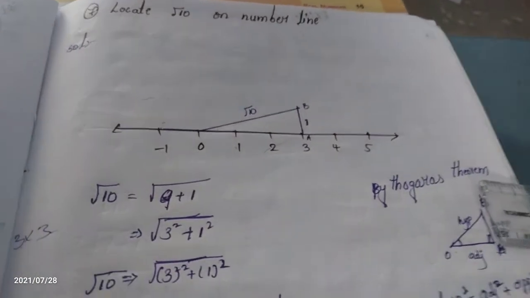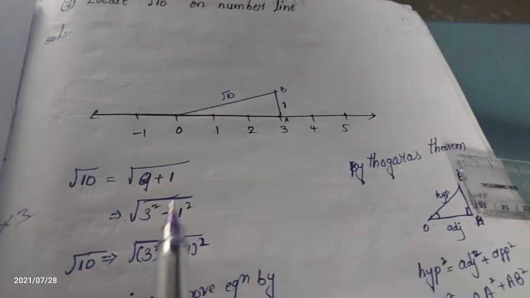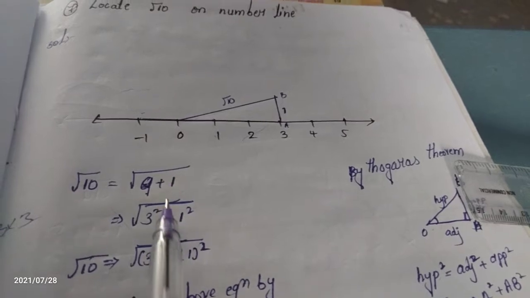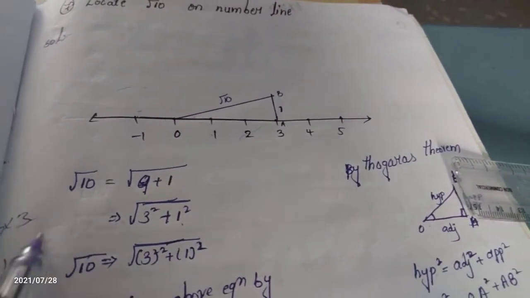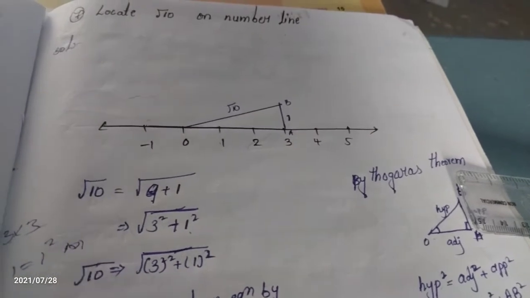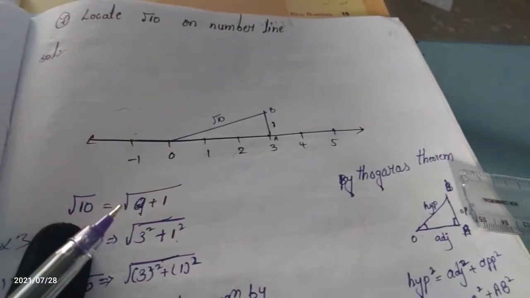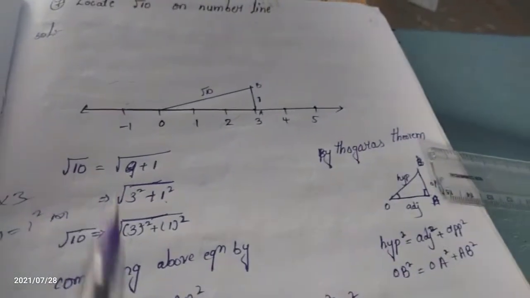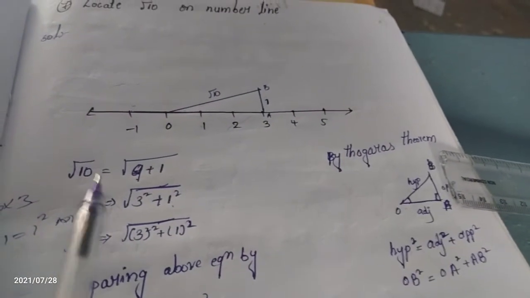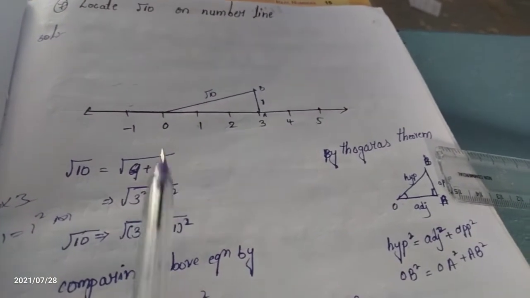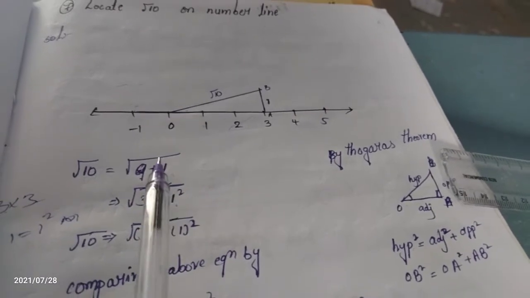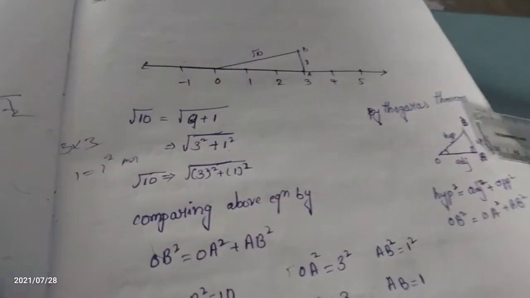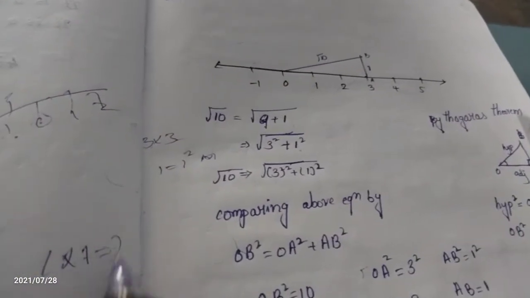We get the same step again. 1 is as it is, plus is as it is. 1 can be written as 1 square, because 1 into 1 is again 1. Don't write this in the note. Root 10 can be written as root of 9 plus 1. In that, 9 can be written as 3 square, plus is as it is, and 1 can be written as 1 square.